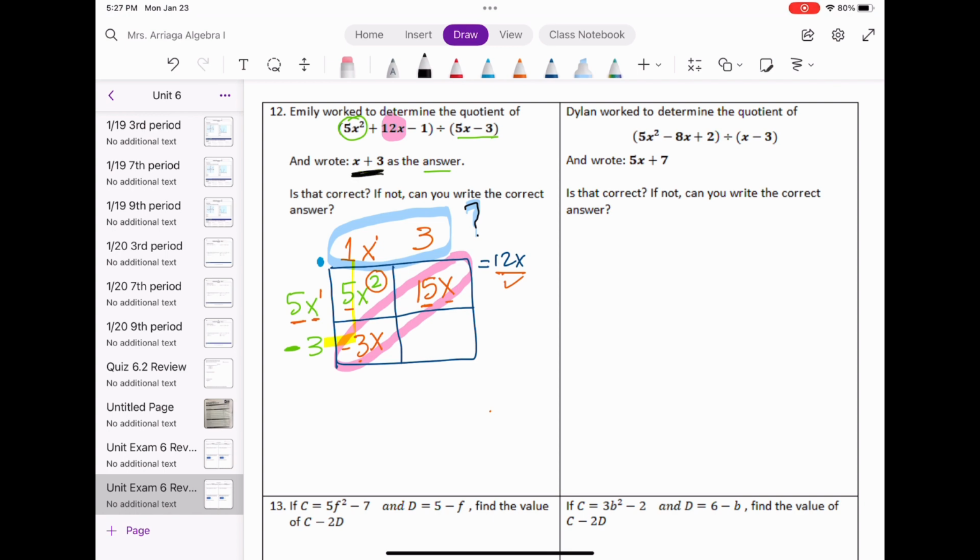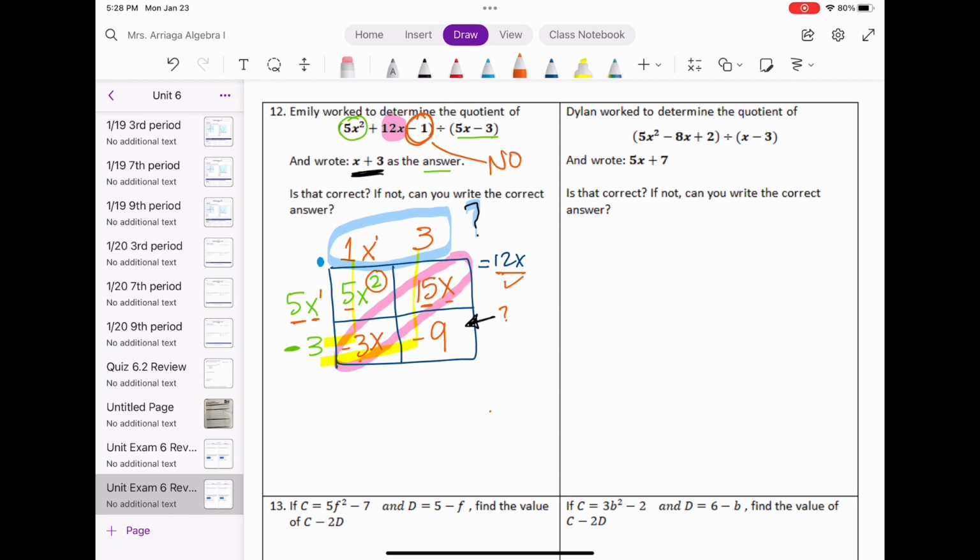But are we done? Well, let's check that last box. If that last box gives us negative 1, then we're done. And that is the answer. So 3 times negative 3, how much is that? That's negative 9. And do we want negative 9? No, we want a negative 1.